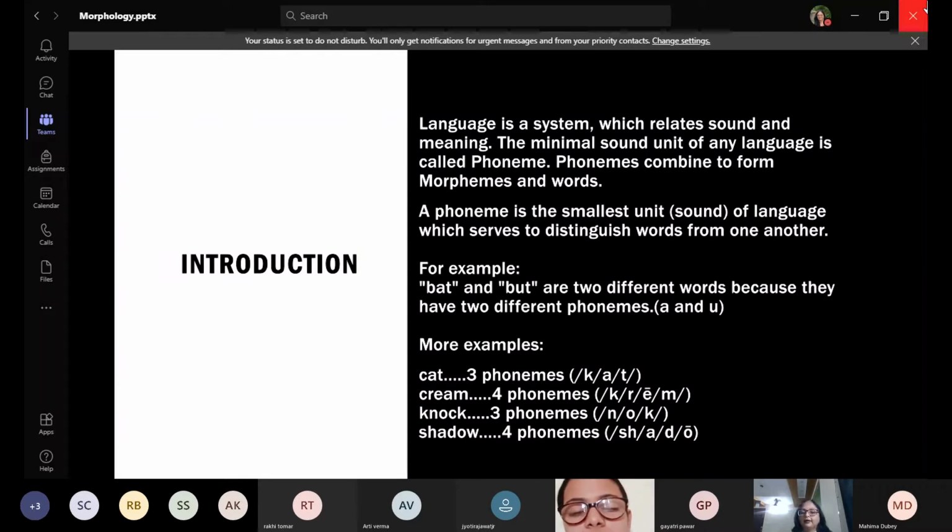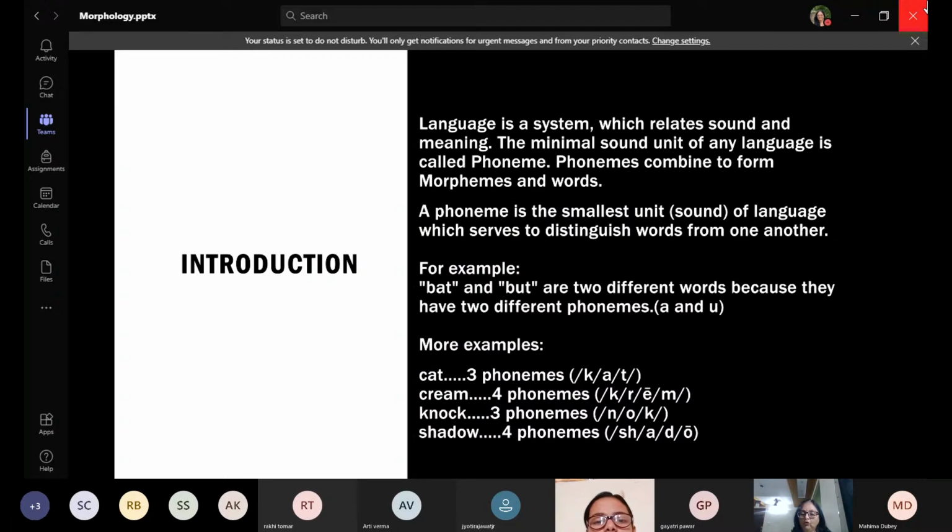Now cat has three phonemes. Just a quick revision. Cat, three phonemes. Cream, k-r-i-m, has four phonemes. Knock, n-o-k, three phonemes. Shadow, four phonemes.